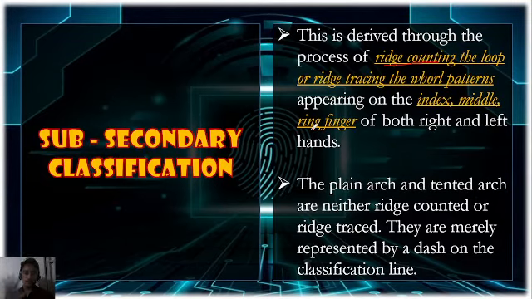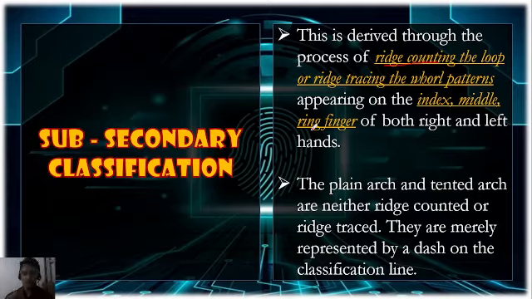Sir, tanong po. Paano kapag ang nakita po natin sa index, middle, at ring fingers natin ay arch family patterns? Ano po ang gagawin doon, sir? Hindi na po natin sila i-ridge count or i-ridge trace.